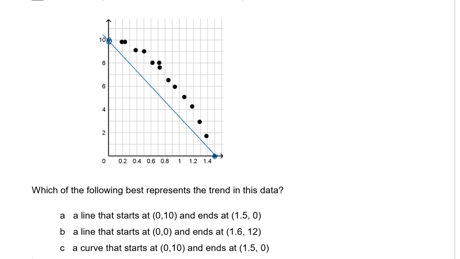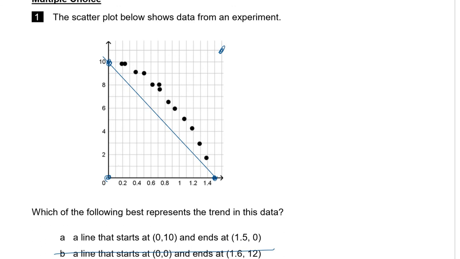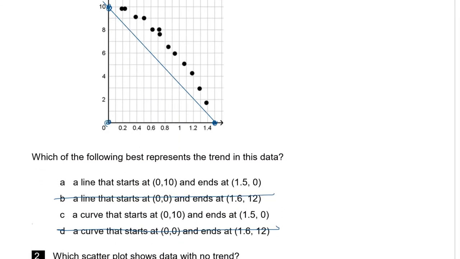A line that starts at 0 and goes to 1.6 and 12. No way. That's going totally the wrong direction. What about a curve that starts at 0? No. A curve that starts at 0 and 10 and ends at 1.5.